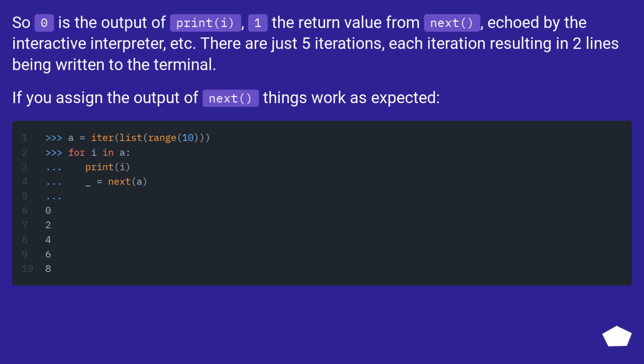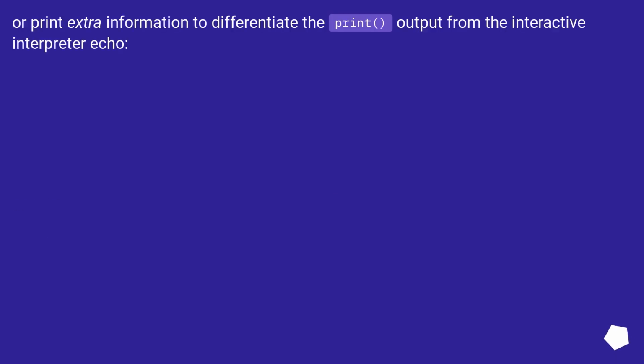If you assign the output of next, things work as expected. Or print extra information to differentiate the print output from the interactive interpreter echo.